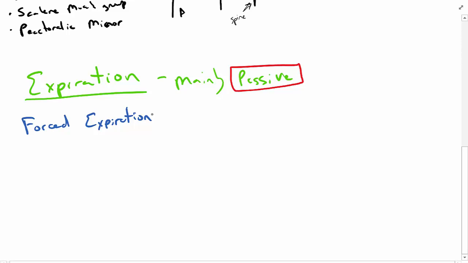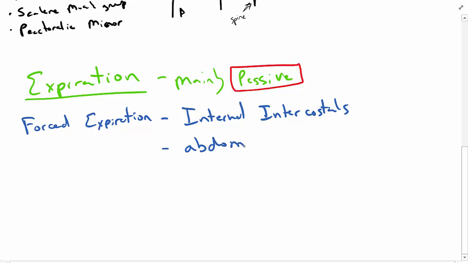You can't just passively blow up a balloon. You have to forcefully push air into it. The muscles used with a forced expiration are the internal intercostals, and the abdominal muscles are engaged as well.